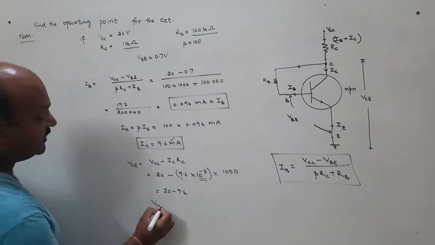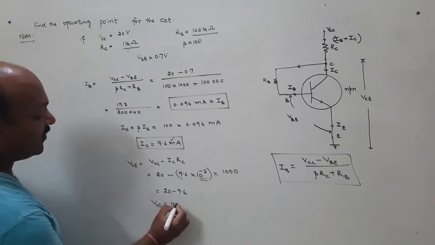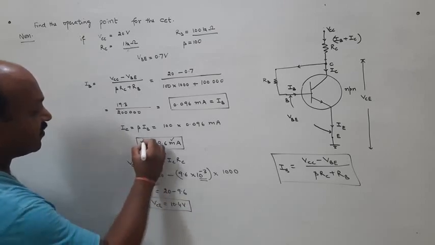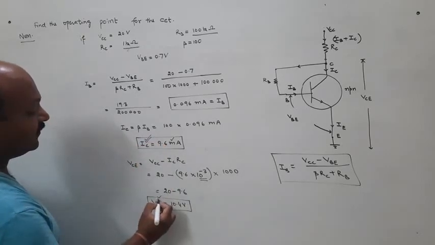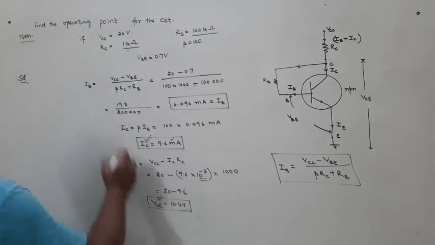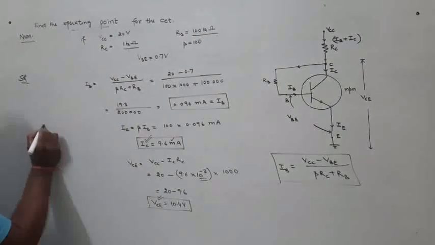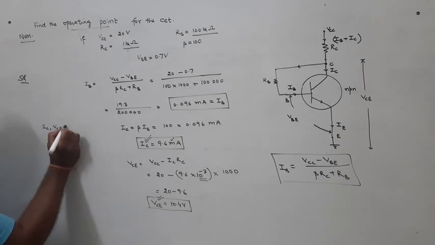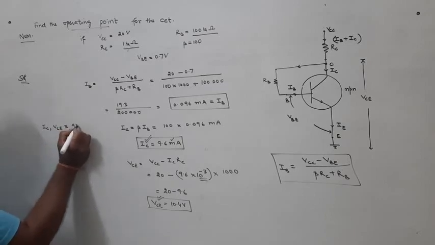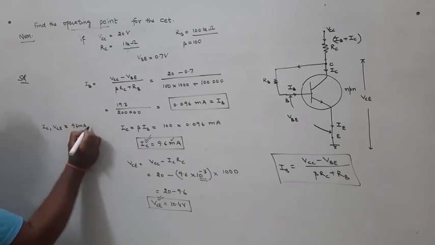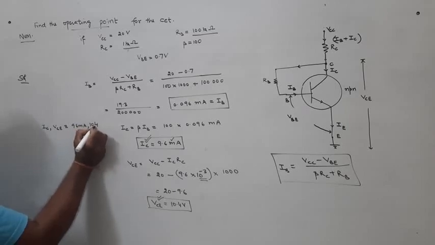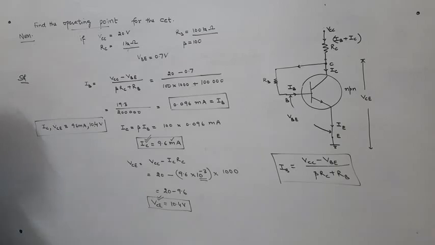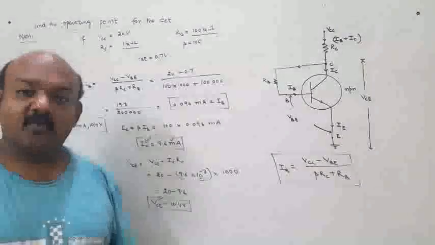So VCE is 10.4 volt, and this is our required operating point. We wish to find the operating point. The operating point is 9.6 milliampere, comma 10.4 volt. This is our required operating point.